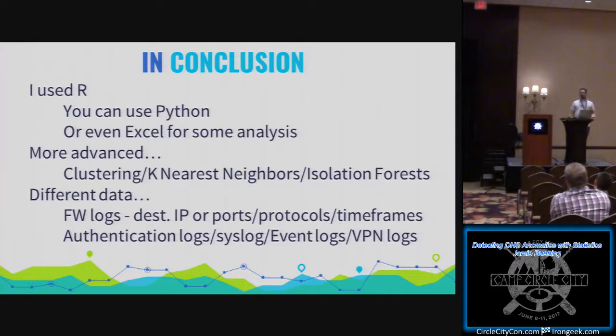And then again, you can move on from there and look at your authentication logs if you're using AD or LDAP, and the syslogs and event logs and VPN logs. Particularly with VPN logs, where are your users connecting to the VPN from? You can easily find standouts if it's in countries where you don't do business or people don't typically travel to, and then you can follow up and see, was the user really on vacation?